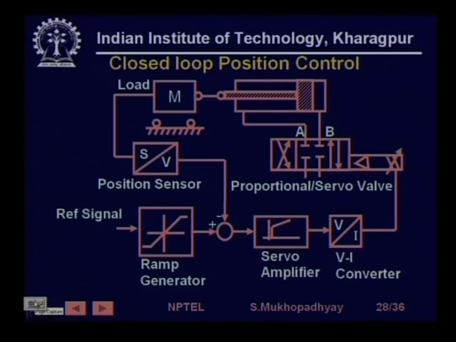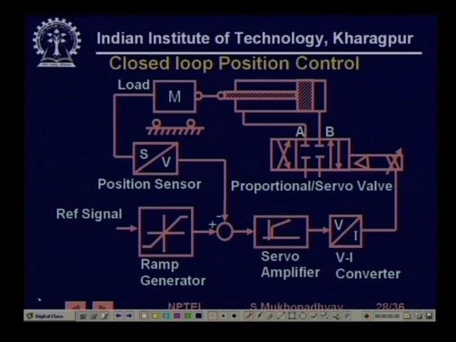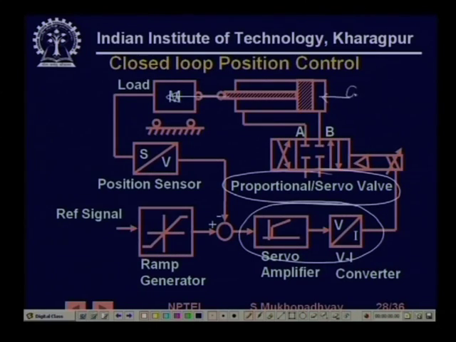How do you do closed loop position control? Very simple, this is a position loop. You have a proportional or servo valve here that is driven by this electronics and moves the load. This is the cylinder, and the position of the load is sensed by the position sensor.